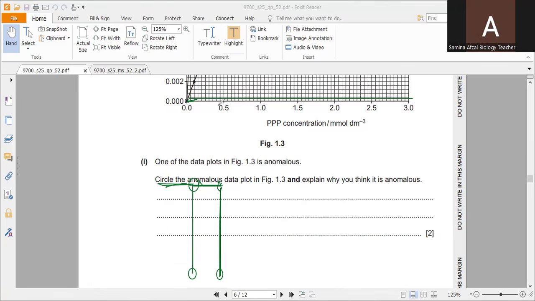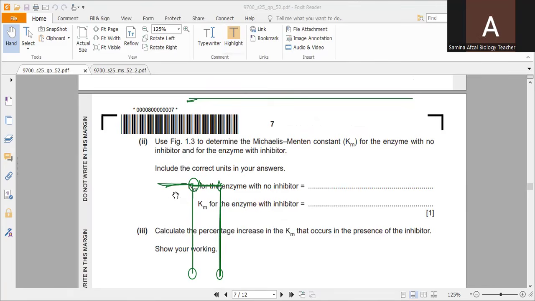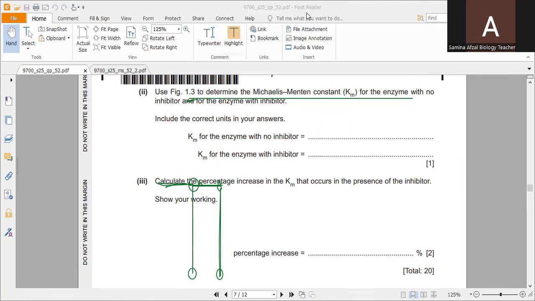One value is 0.75, and the other: with no inhibitor is 0.075 and with inhibitor is 0.425. So these are the two values.